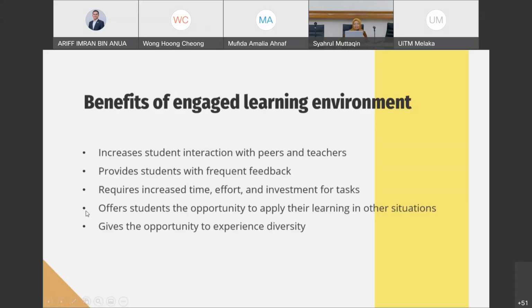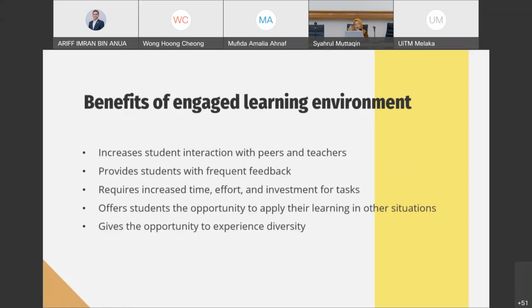And then it offers students the opportunity to apply their learning in other situations. It means that they will apply what they've got in class into real life situations. And then it gives the opportunity to experience diversity, since the students will also recognize that students have unique personalities.